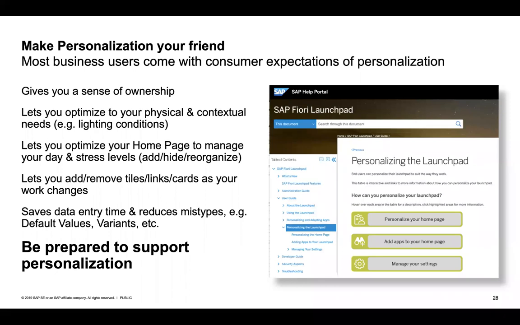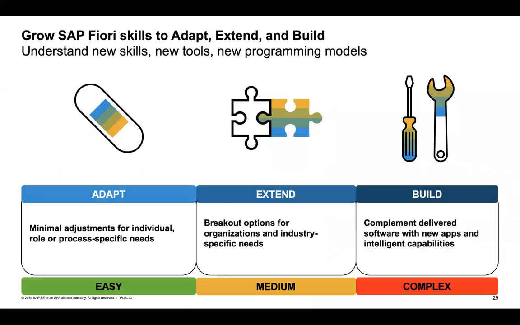Now, obviously, you're going to want to control that to a degree, but be prepared to give them some flexibility and work out how you're going to support it. The more flexibility you can give them, generally speaking, the easier your life should be, because then they can adjust things to their needs. But of course, there's a balance to be had there. And you might not want to turn on everything at once, but at least make them aware.